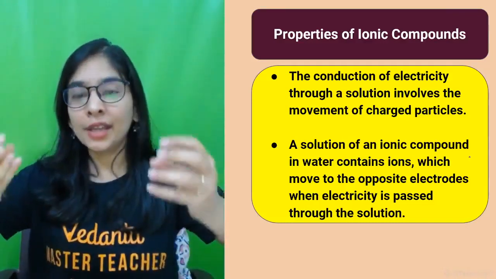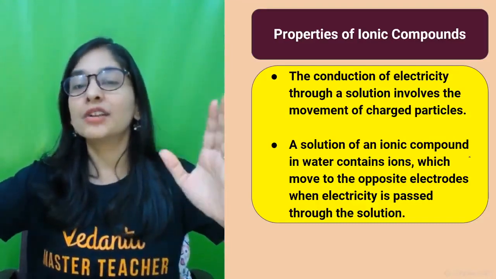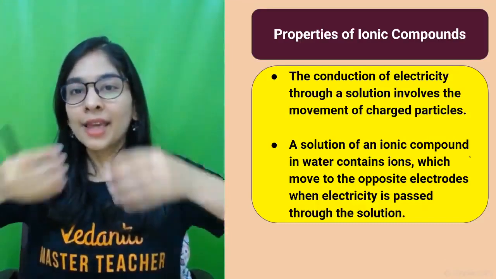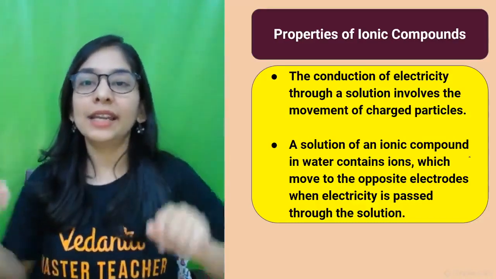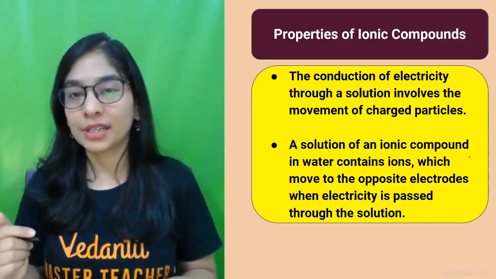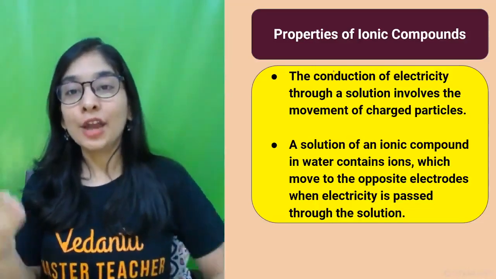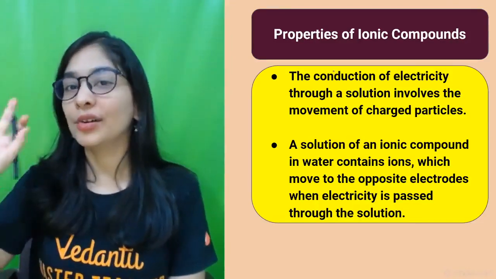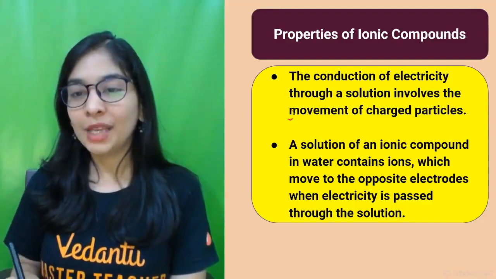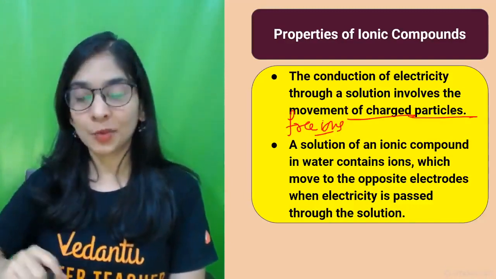If ions are free, they'll move towards the respective cathode and anode, the electrodes, metal rods connected to the battery, and they are definitely a conductor of electricity. For passing electricity, we need free ions so that they can move. There must be a movement of charged particles.